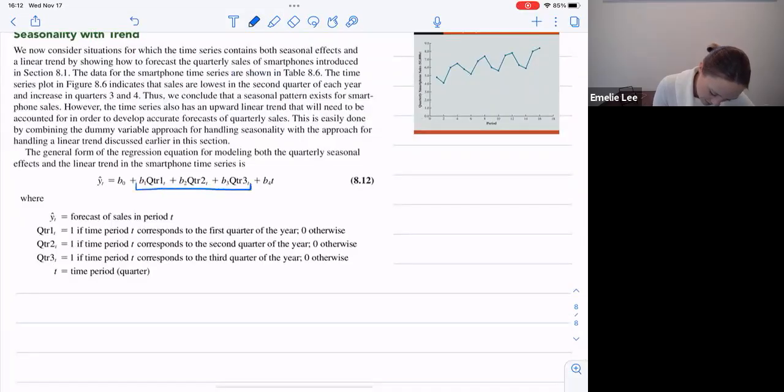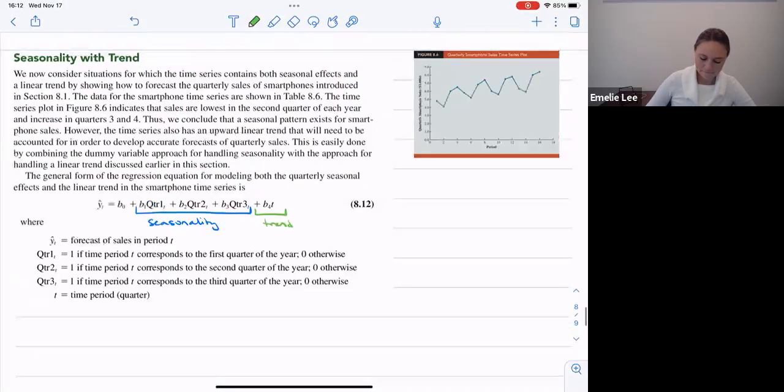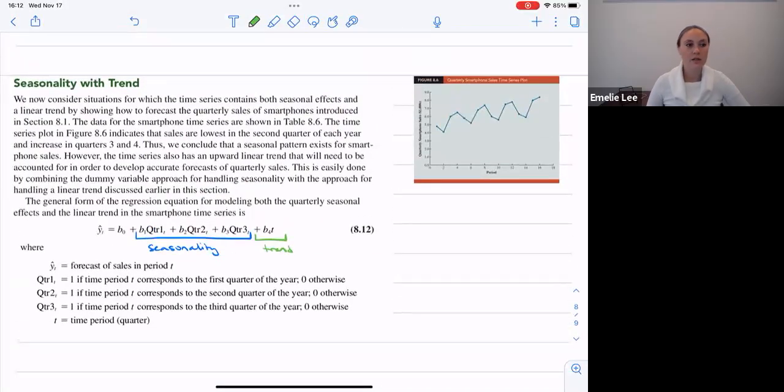So here, this is the seasonality portion, and then this is going to give us the trend portion. Because remember, the trend we modeled by just a simple linear regression, B0 plus B1T. That would be the trend portion, and now we're adding this seasonality component where we adjust for Q1, Q2, Q3.